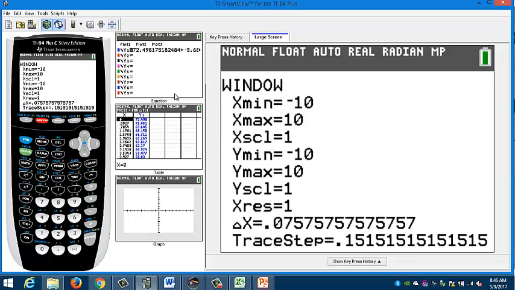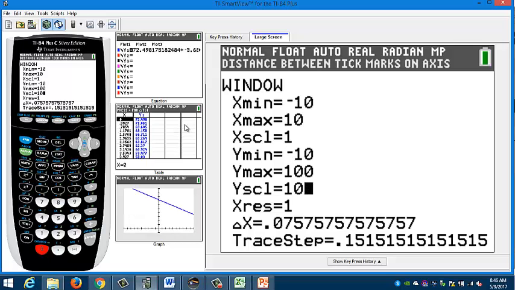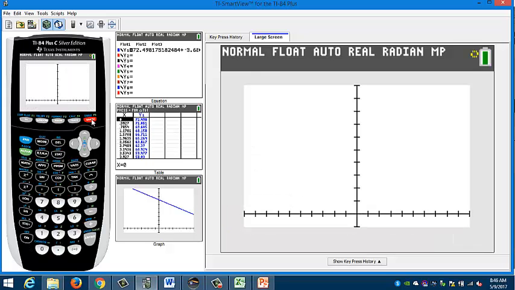Now the x's are okay, but the y's we have to change. So let's see, I'm going to keep the y min at negative 10. But y max, how about I make that 100? And y scale, I'm going to put a mark every 10 so I can kind of keep track of what's going on. What this does is change the window you're looking through when you look at the graph. See? Now I can see it goes right through 0,72 like you guys said.